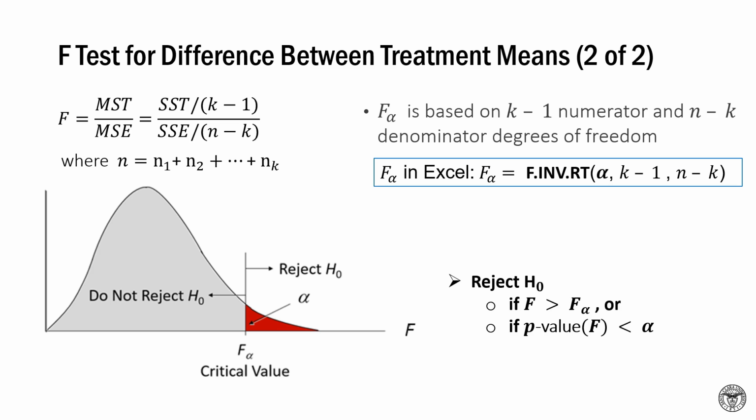If F is larger than F alpha, then we reject H0 in favor of HA at the alpha level of significance. Or if the p-value is smaller than the chosen significance level, for example, alpha equals 0.05, then the null hypothesis is rejected, and it is concluded that there's evidence of a significant difference between at least two of the treatment means.